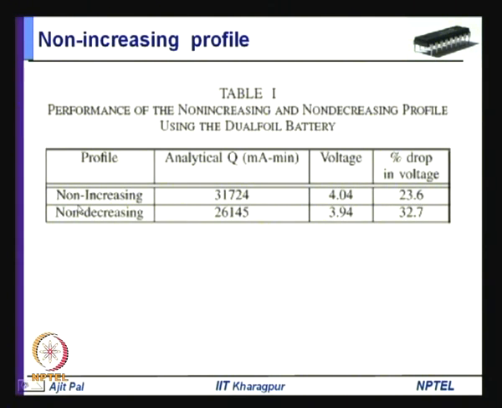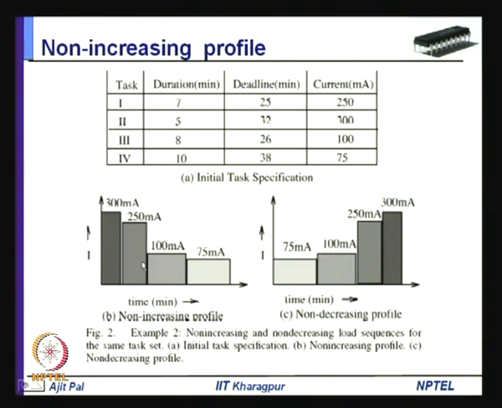So, this shows that the non-increasing profile, meaning you are decreasing the current, is better for discharge in battery operated systems. Initially the battery is in good condition, so it has larger current drive capability, and as you keep on using it, lesser and lesser active area is available. So, it is better to schedule in a non-increasing profile.